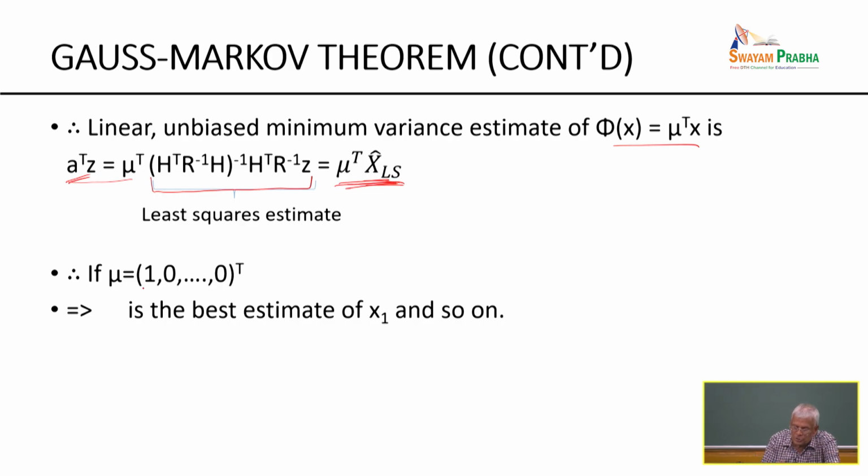Now, if mu is equal to (1, 0, 0, 0, 0), the best estimate of x1 is obtained. So this is equal to E1 transpose. So by picking mu to be E1 transpose, E2 transpose, E3 transpose, we can obtain different components of x. Therefore, I can estimate the entire vector x.